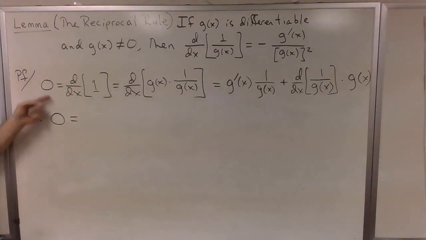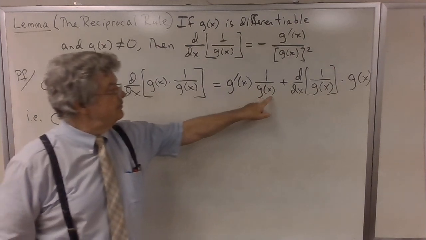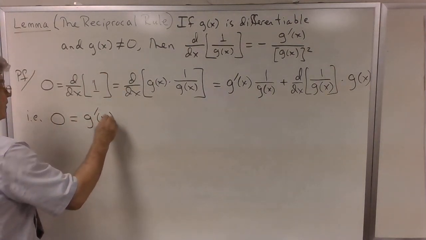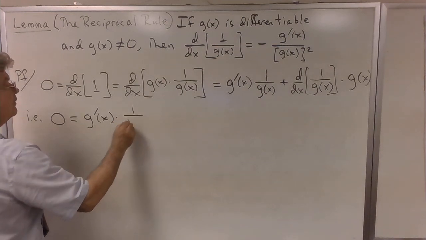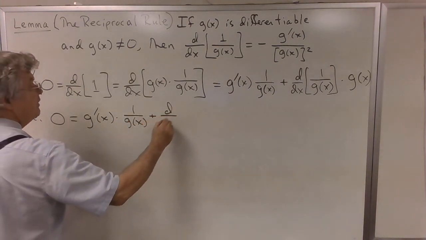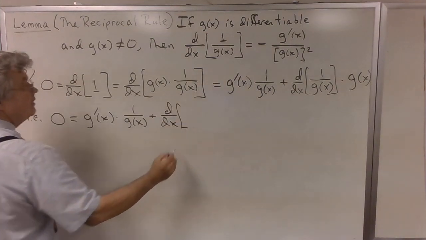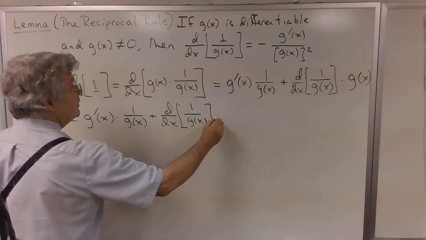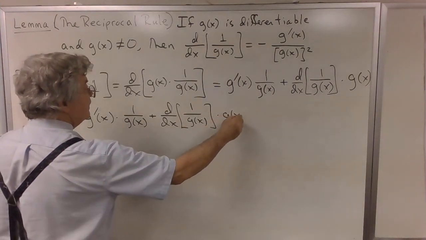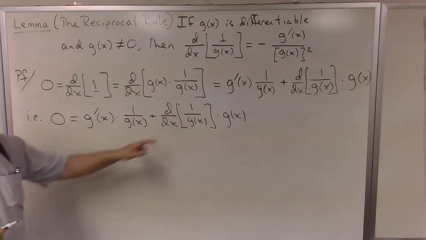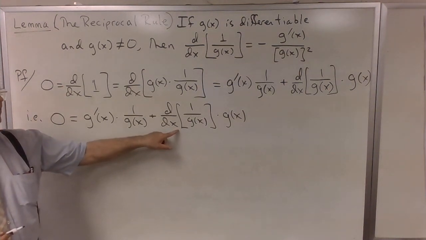We have 0 equals this garbage, g prime of x times 1 over g of x plus the derivative that we're looking for, 1 over g of x, times g of x. That's what we got. And we're just going to solve for this thing algebraically.